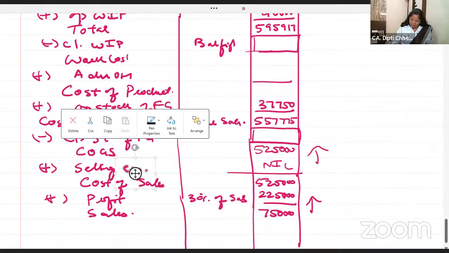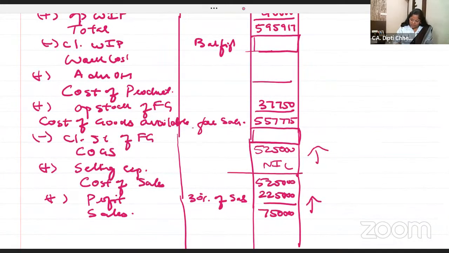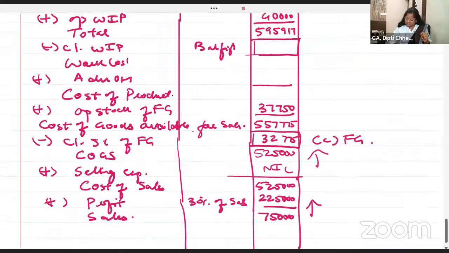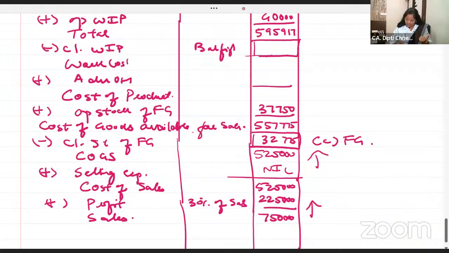So 525 and cost of the goods available are 557,775. This is given. So 32,775 is your C bit answer. Finished goods. ABC 3 bits. They have asked कि finished goods का stock कितना था जिस दिन fire हुआ. So this is it.